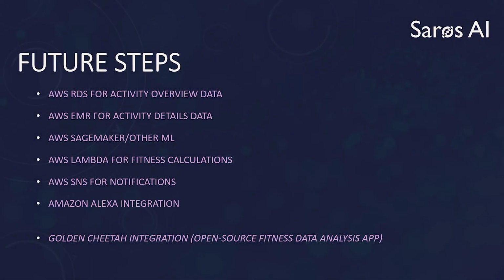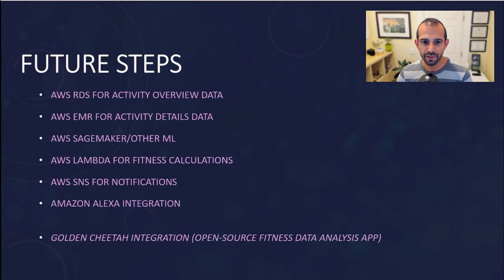Now that we have an activities overview CSV file and an activity details CSV file in our S3 bucket, there are many different future steps that can be taken to further this particular app development. Amazon RDS could be used to store the activities overview data in a relational database so that it can be queried using SQL.